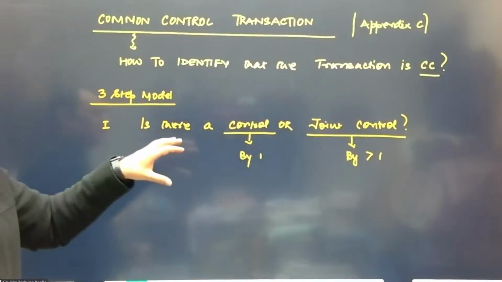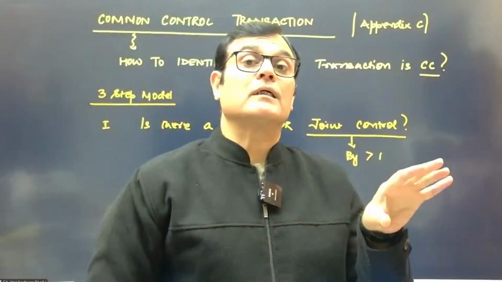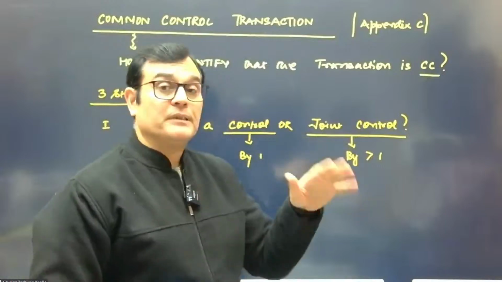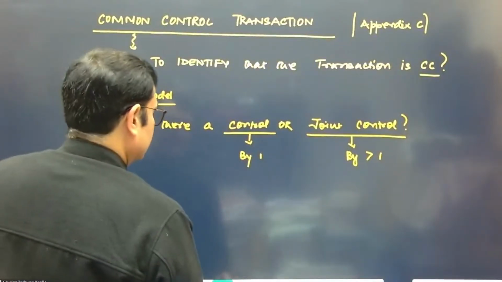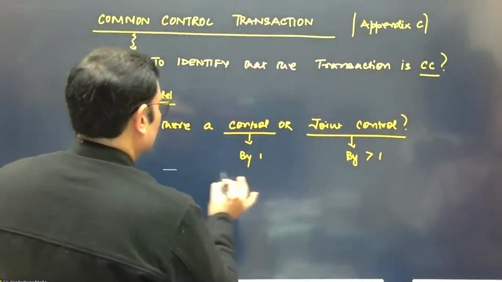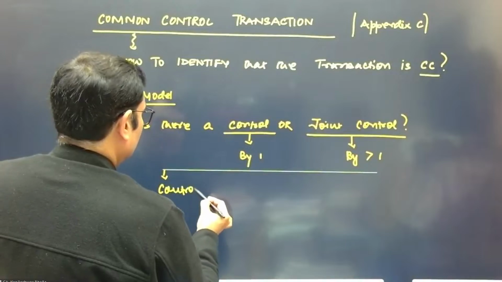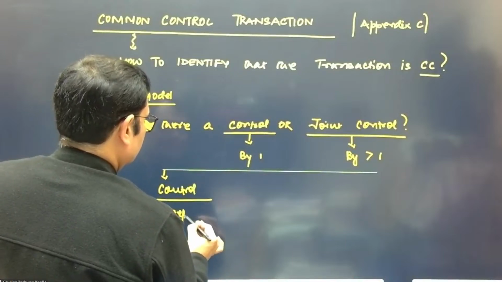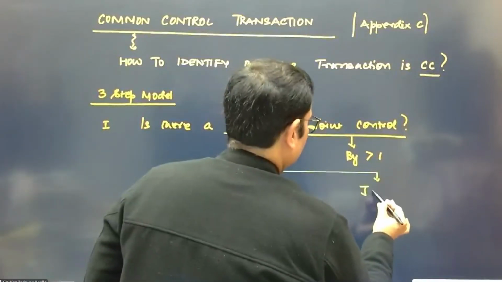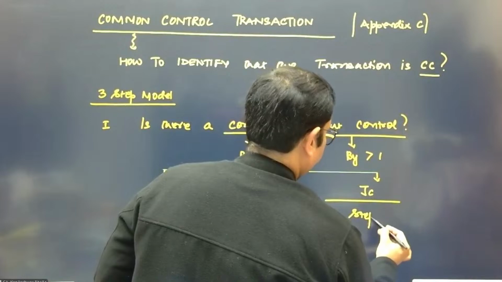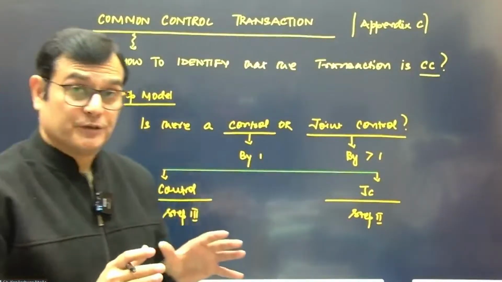So is there a single individual or company with control, or multiple companies or multiple shareholders with joint control? You need to see whether it is a case of control or joint control. If there is a control by one, you go to step 3. But if it is a case of joint control, you need to go to step number 2.